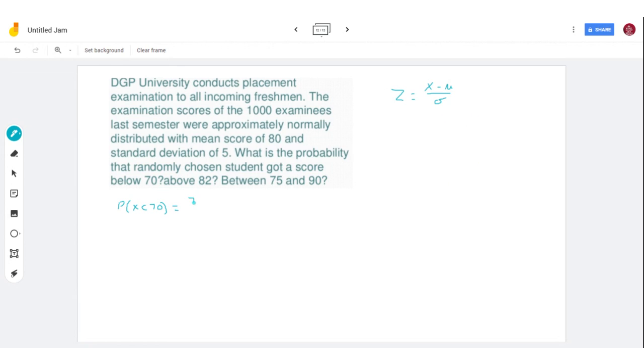So 70 minus the mean, and then the standard deviation was 5.